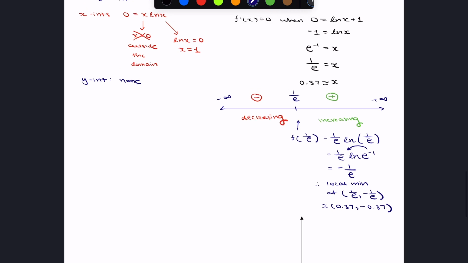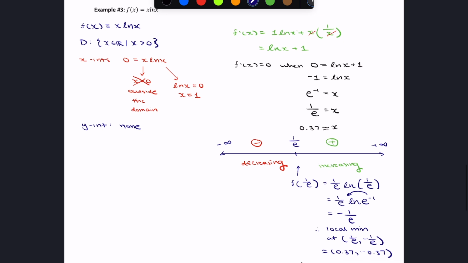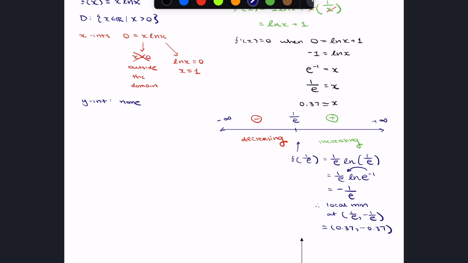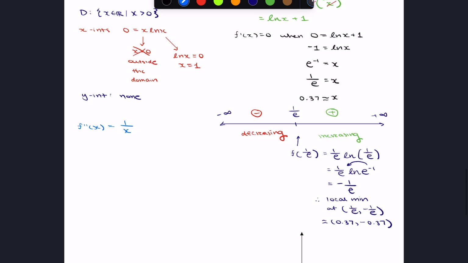And then if we derive the second derivative, or derive the first derivative again, ln x plus 1, our second derivative will be equal to the derivative of ln x, which is 1 over x. And here we see that f double prime of x will be undefined when x is equal to 0.